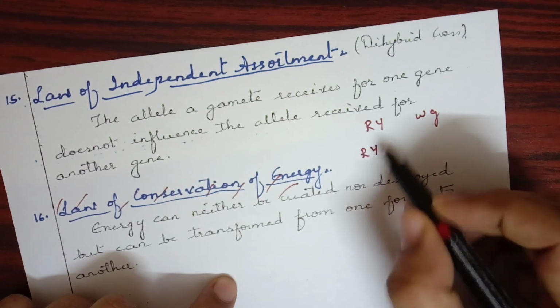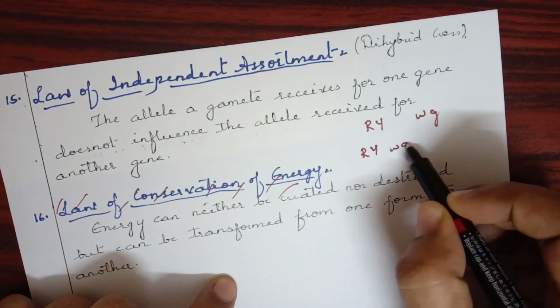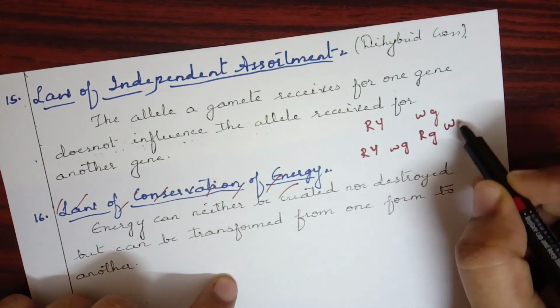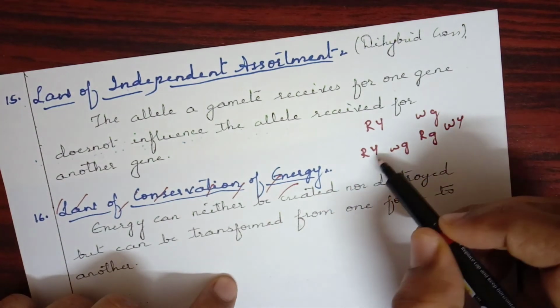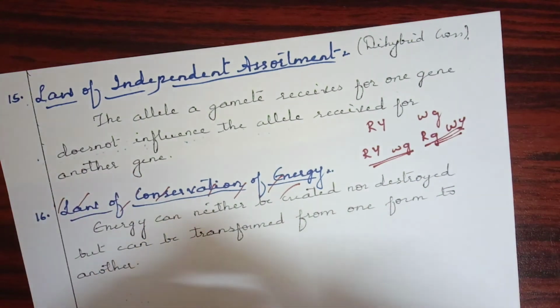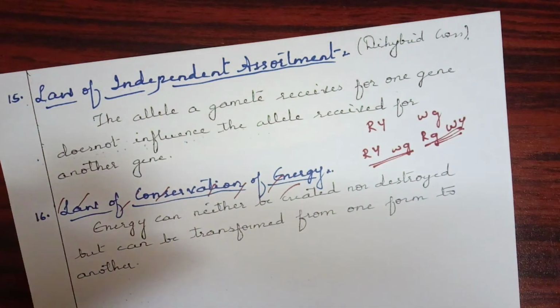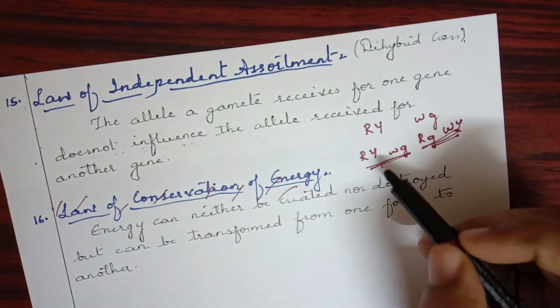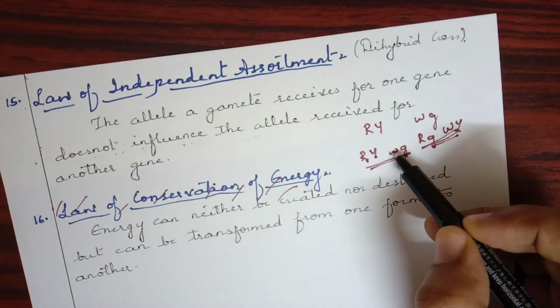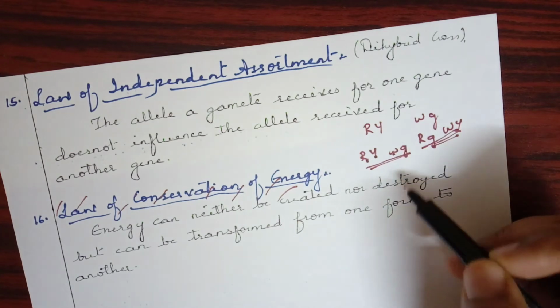In the offspring, we are going to get round yellow, of course. We are going to get wrinkled green as well. Other than this, we are going to get round green as well as wrinkled yellow. So these two are the parents. These two are the new combinations. This new combination is because of the law of independent assortment. That means round is not connected with yellow, neither is wrinkled connected with green.